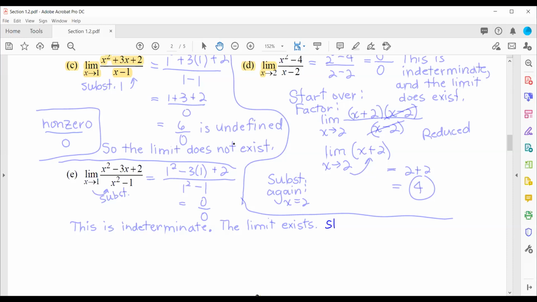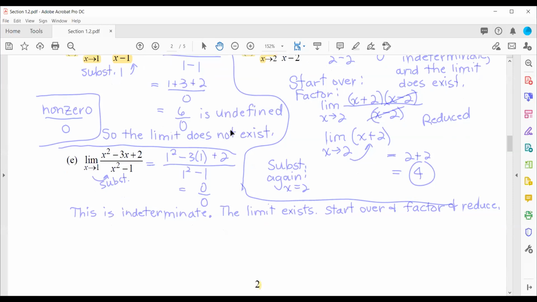Basically start over, factor and reduce. And let me just say, you guys are resourceful, probably, in the world of the internet.